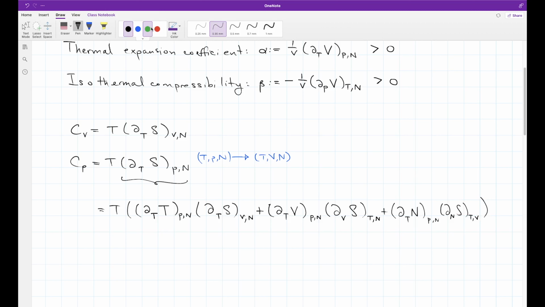And we can reduce this significantly. The partial T of N, while fixing N, must be 0, certainly.